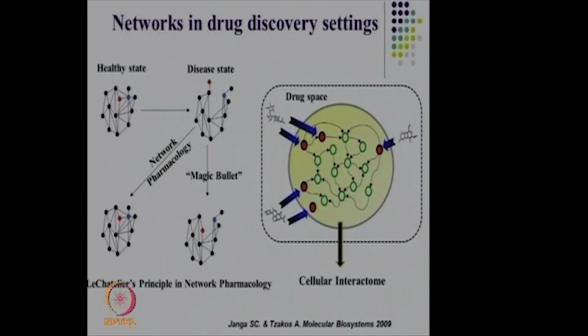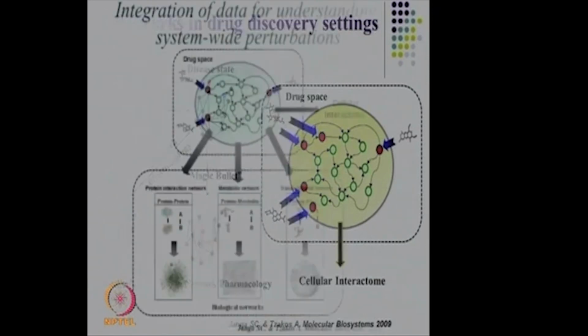Perturbation of one cannot be seen in isolation. It has to be seen in the context of other perturbations. A combination of these perturbations is going to yield a phenotype which we hope can treat the complex disease. That is the concept behind this idea of network pharmacology.